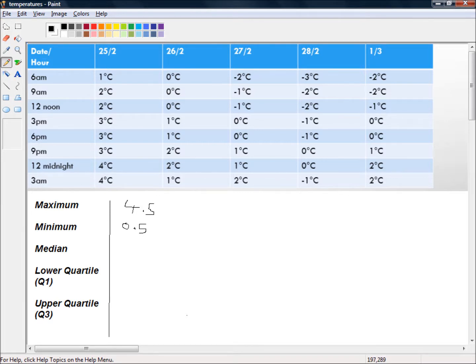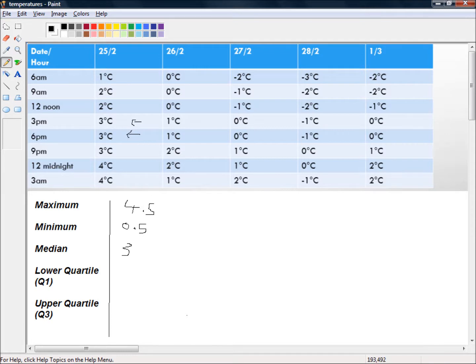Add 1 and that makes 9, and then divide by 2 and that makes 4.5. So it's going to be between the 4th and the 5th data element. This would be our 4th and this would be our 5th, so it's going to be between 3 degrees C and 3 degrees C, so that's just 3 degrees C.